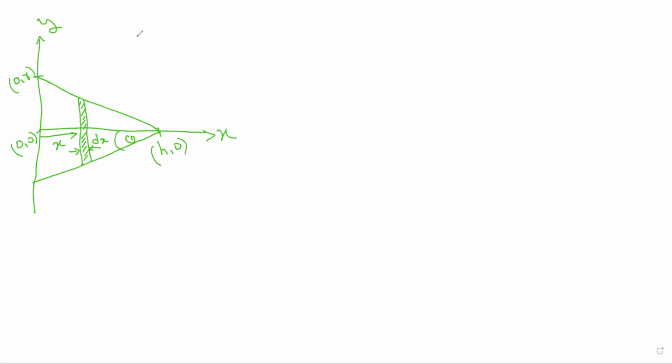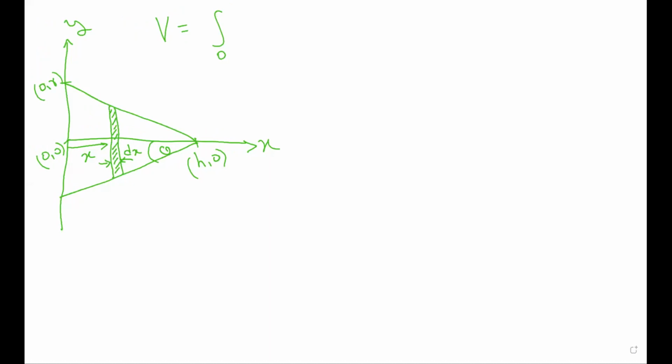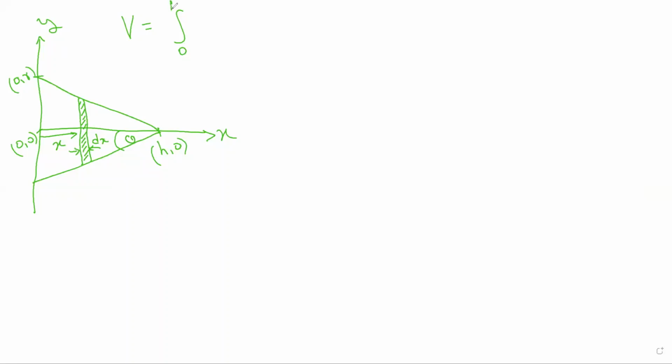So if we say the volume is V, then it is equal to the integration from 0 to h, and we integrate the volume of this plate across this h distance.